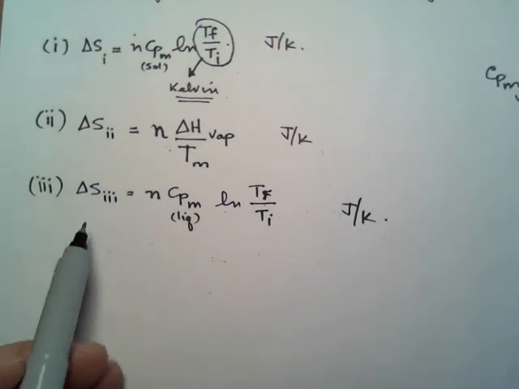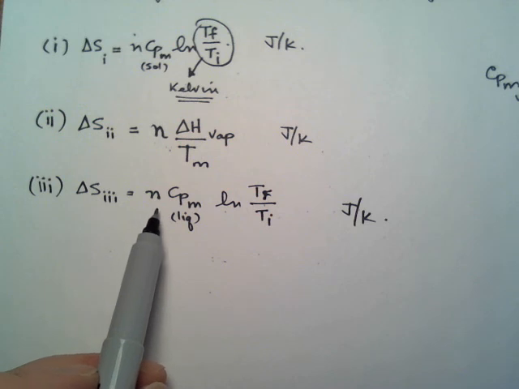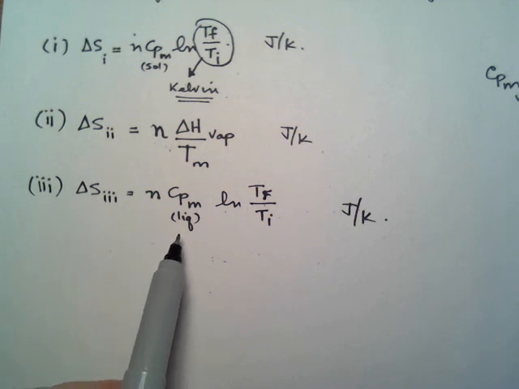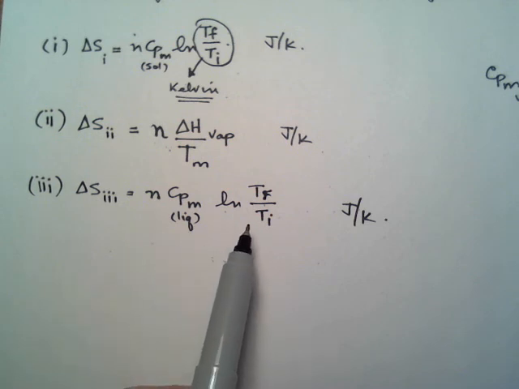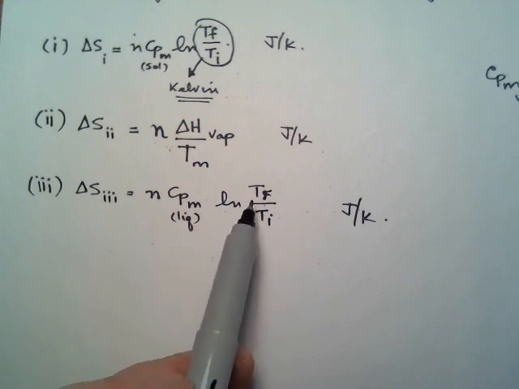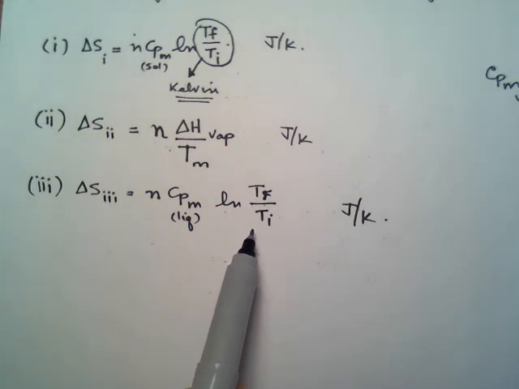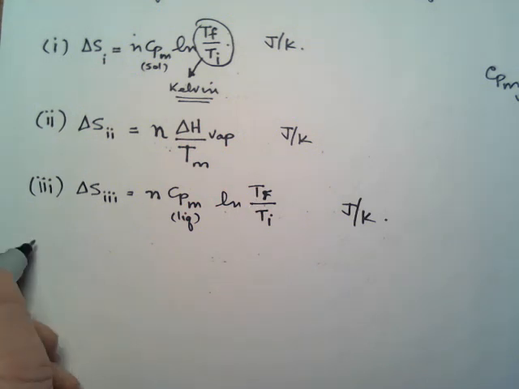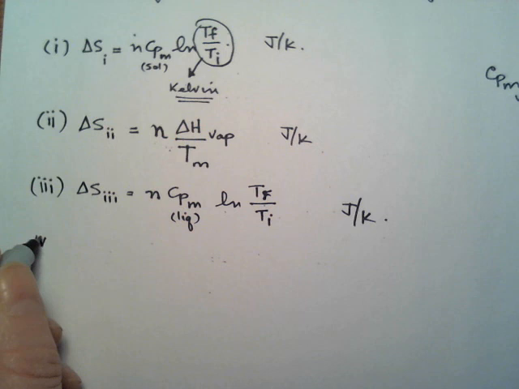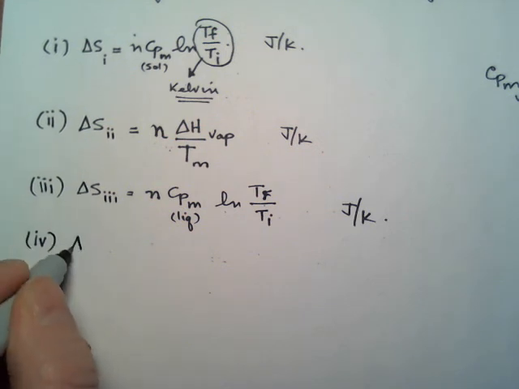Sorry, I'm losing my voice. 10 grams converted to moles, molar heat capacity for the liquid given in the question. Ln of T final over T initial. The T final for number 3, that's where we were heating the liquid just up to 100, but not including the phase transition yet. That will be subsequent. So this is 373 over 273, etc.